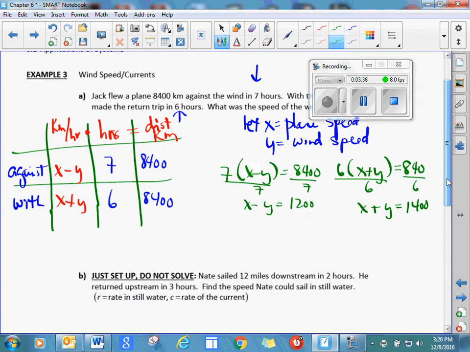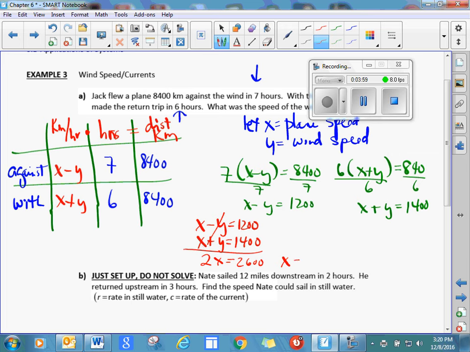So here's our system of equations. They really are nice, small, neat equations. So we could just stack them up. Actually, the y's are going to cancel for us nicely when we use the addition method. So we end up with 2x equaling 2,600, so x equals 1,300.